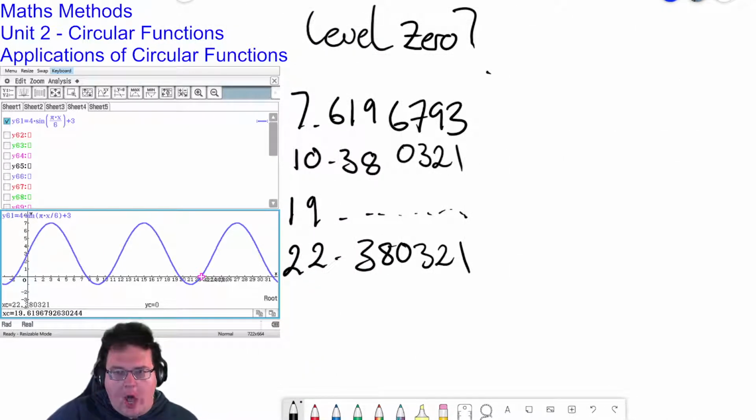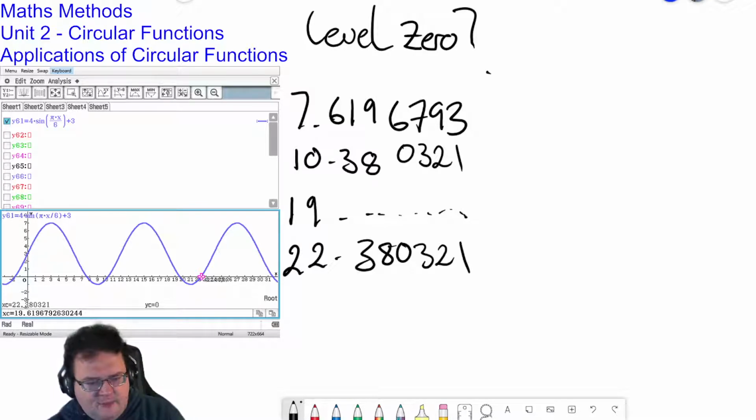I want to know what time it was. But can I even use those? I want to know what time it is, but all I've got are decimal points. Time doesn't have decimal points. So what do I need to do next? How do I convert these decimal points into minutes and seconds?